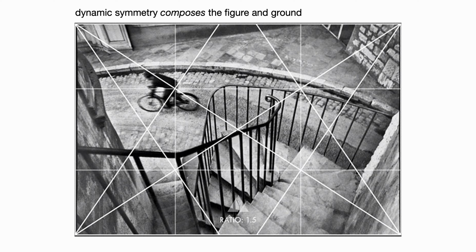In the foreground, what's closest to us, we have the staircase and the banister. Now the banisters can also be considered the figure here, because it is slicing into what we see as the ground. It's dividing the space up.